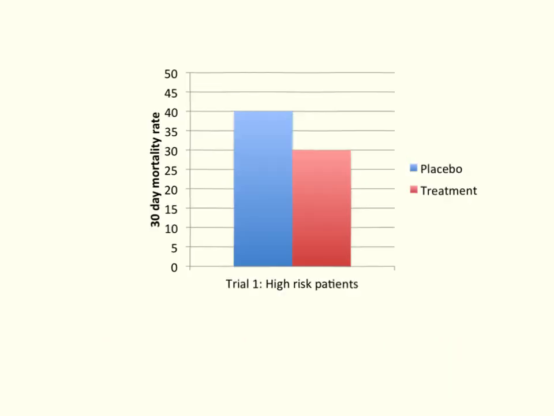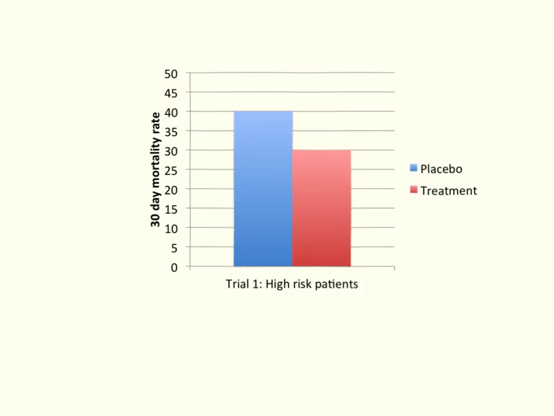So this graph shows the results of a randomized controlled trial that's looking at the effectiveness of a new treatment to prevent myocardial infarction or heart attack in patients. The y-axis here is 30-day mortality rate.